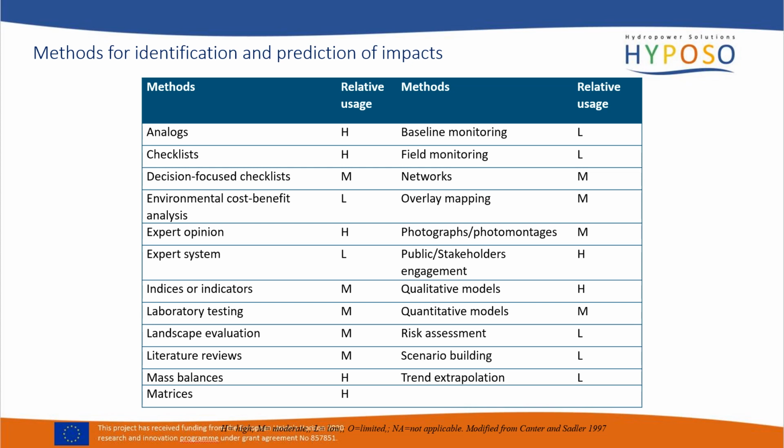In some cases, there might be some checklists issued by the authorities, which are a tool to identify that we are capturing all the different impacts. And on the financial aspect, cost-benefit analysis is a tool that is used, especially to demonstrate the financial feasibility of the project.